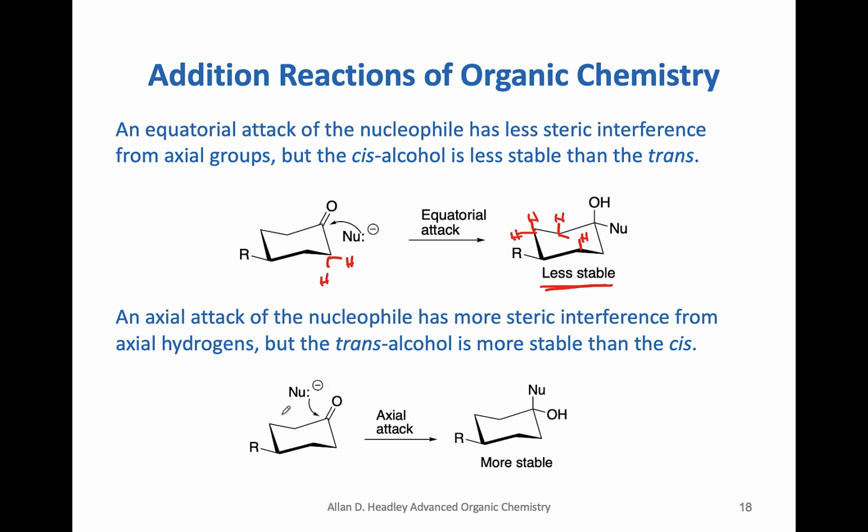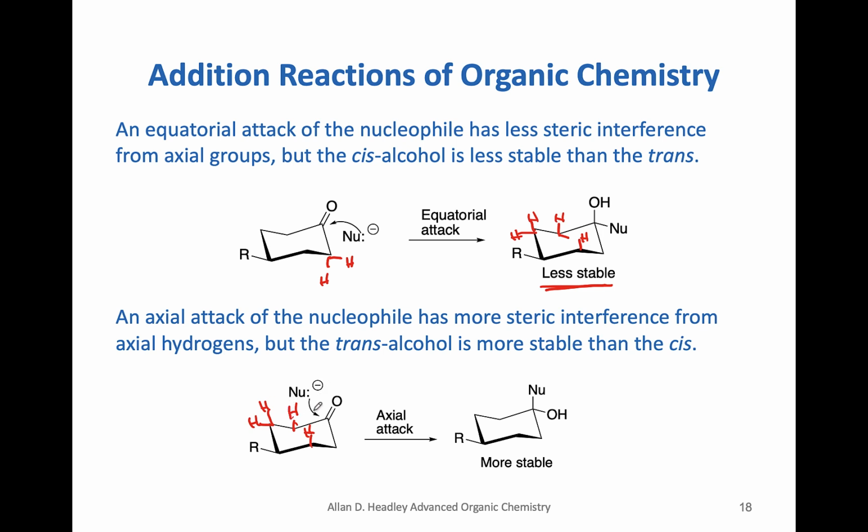The attack from this side gives you the more stable product, which is the equatorial, but as you can tell here, it has to compete with these hydrogens that are in the axial position.